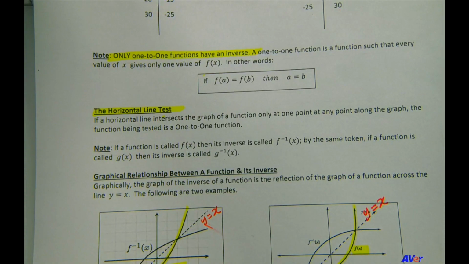So if a horizontal line, as the sentence reads on the screen, intersects the graph of a function only at one point, at any point along the graph, the function being tested is a one-to-one function. If a horizontal line intersects the graph at more than one point, then the graph represents something that is not a one-to-one function. It may be a function, but it's definitely not a one-to-one function.